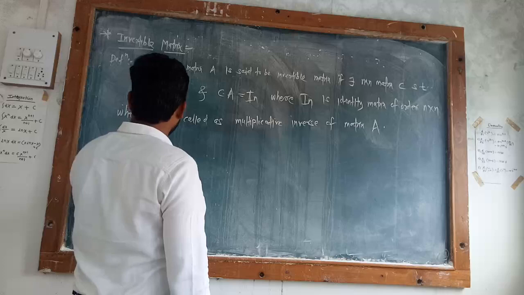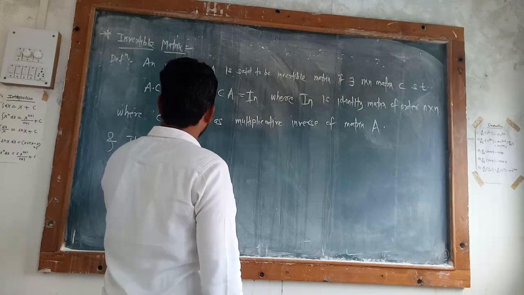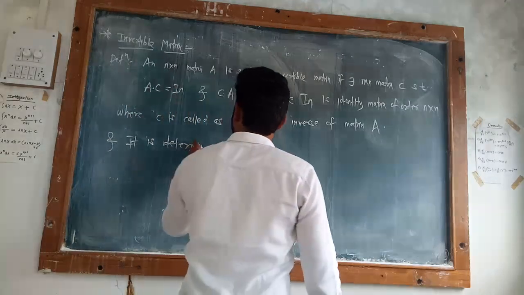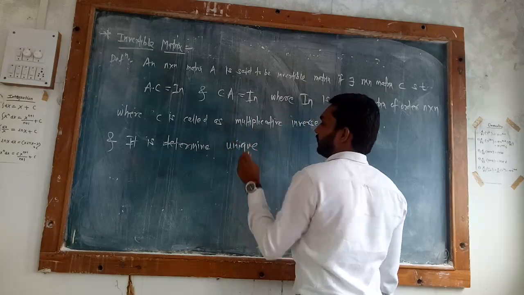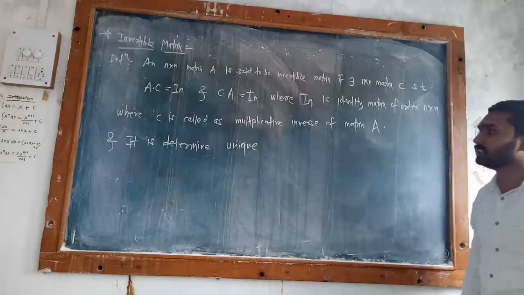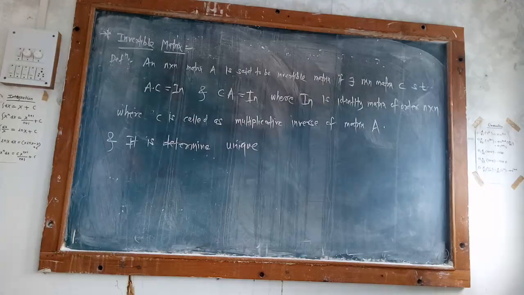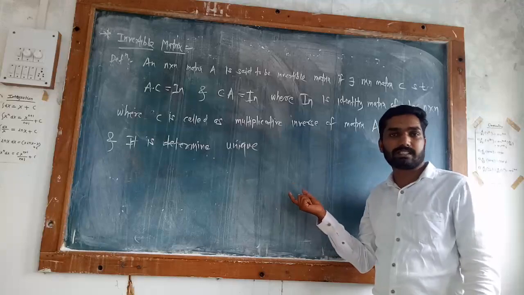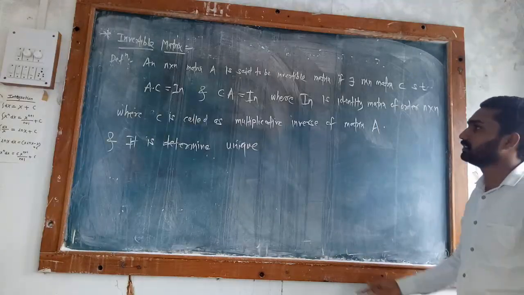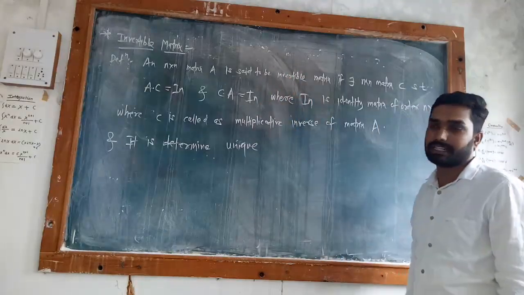And it is determined uniquely. This multiplicative inverse is determined uniquely. That means for each non-zero matrix, its multiplicative inverse is unique. Okay, this is called an invertible matrix.